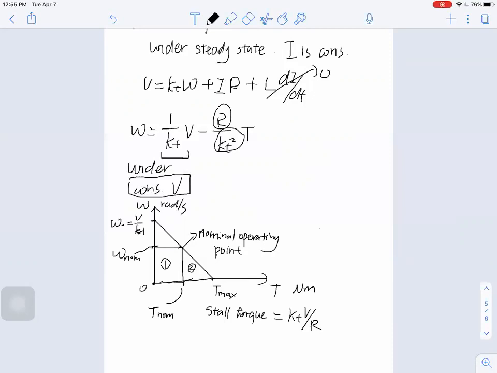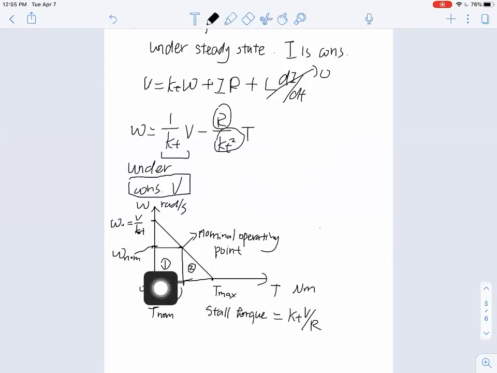So if you look at the data sheet of a DC motor, when you see nominal speed and nominal torque, they're not the maximum or minimum, they mean the speed and torque at that point.